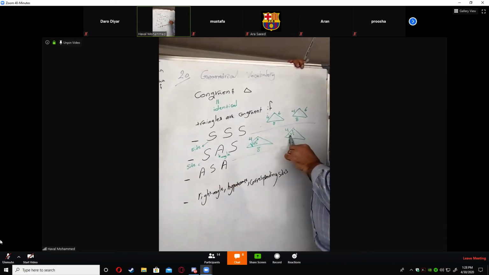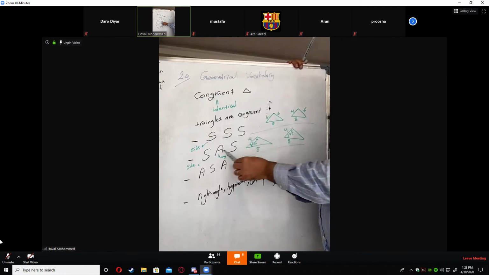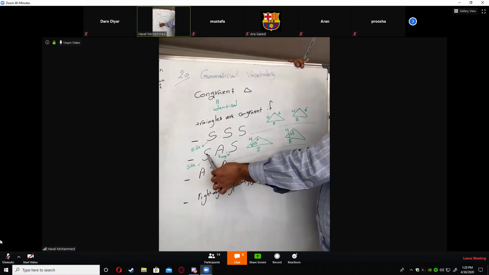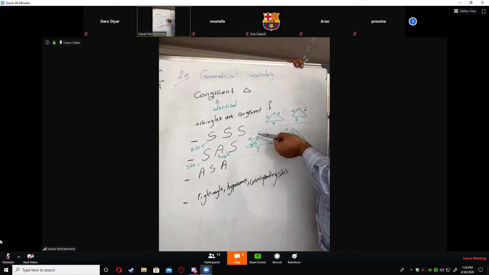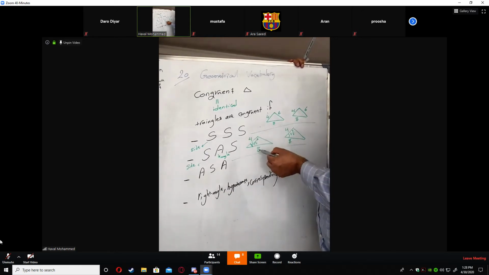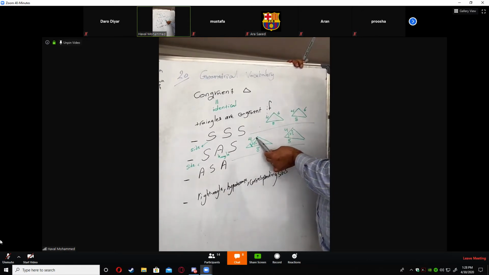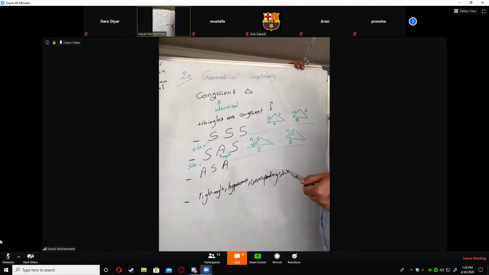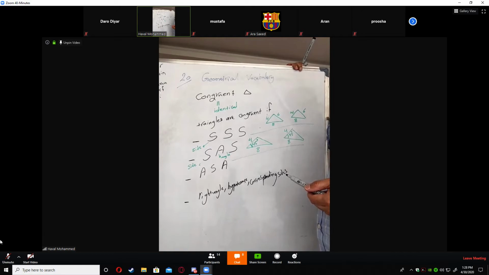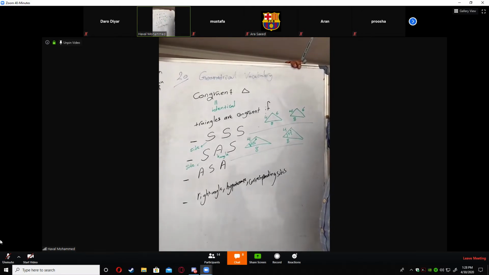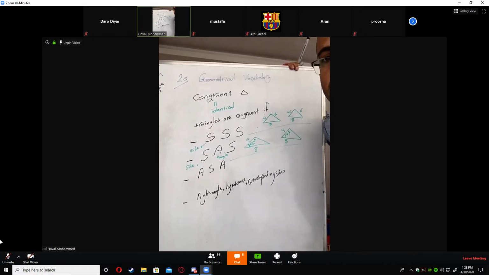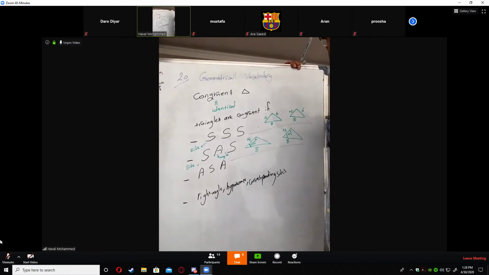Remember, the angle has to be between the 2 sides. There's a reason why they have put in this order: side first, angle and a side. That tells you the angle should be between the 2 sides. If the angle here and here is equal, we cannot take it. We take only the angle between the 2 sides. Is it clear? Yes, clear, sir. Okay, good.